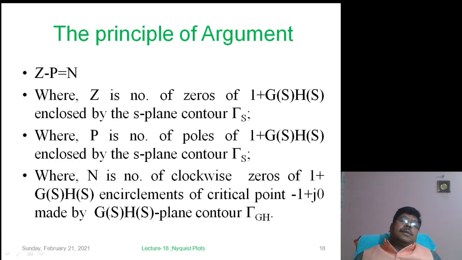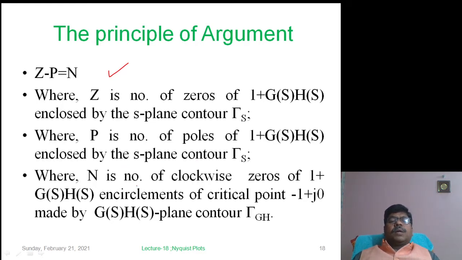So, again the Z minus P that we have obtained earlier is equal to N. In this case, Z is the number of zeros of 1 plus G(s) enclosed by the S plane contour. P is the number of poles of 1 plus G(s) enclosed by the S plane contour.